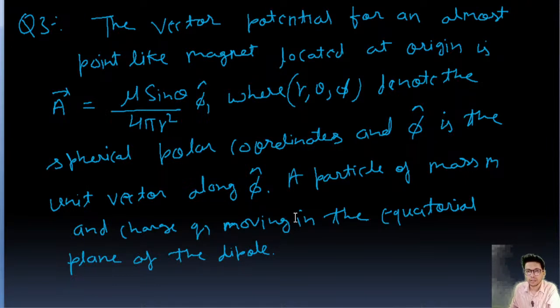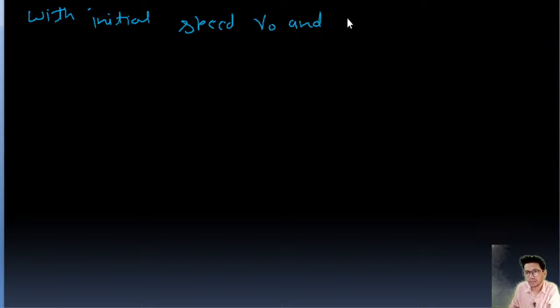The particle starts at time t equal to 0 with initial speed v naught and an impact parameter b.